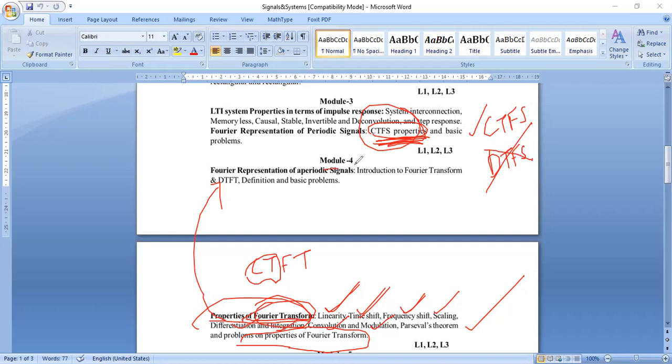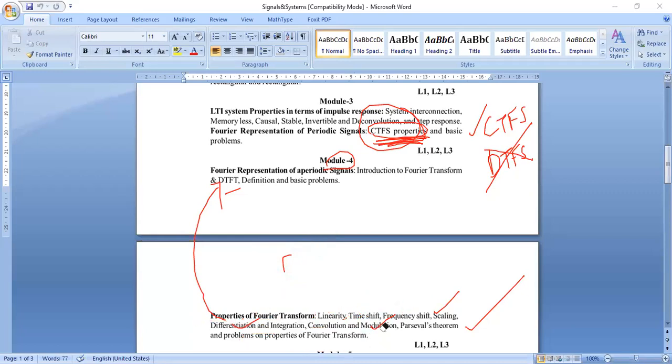But in module 4, we have both DTFT as well as CTFT. They may ask you for the formulas and properties of Fourier transform, and that is only for CT signals, not for DT signals. So we are going to solve the properties only for CT signals. Is it clear? Yes, ma'am.